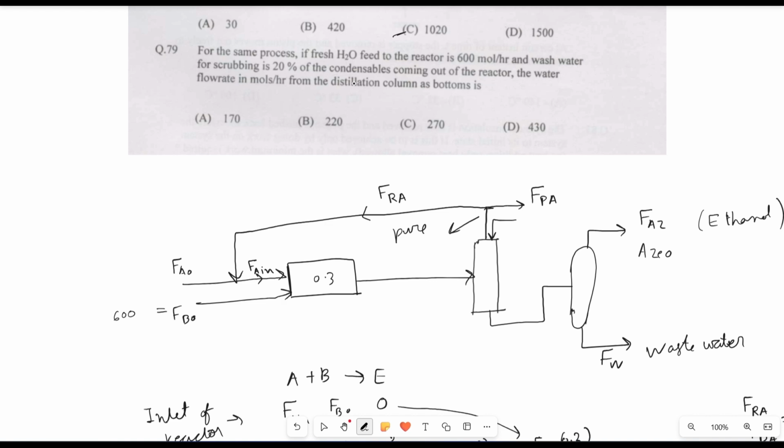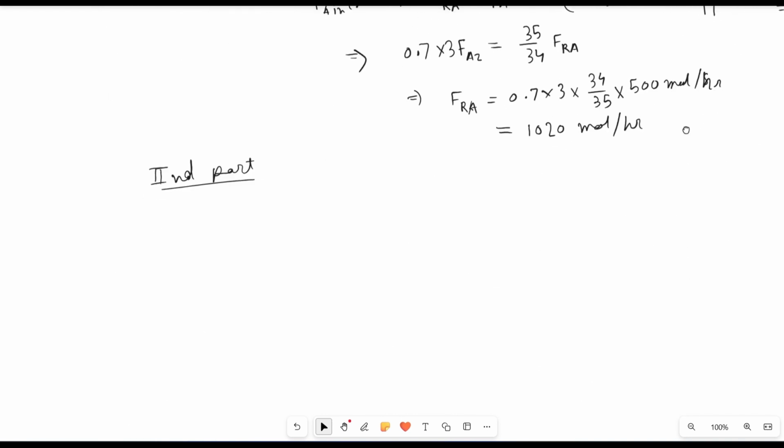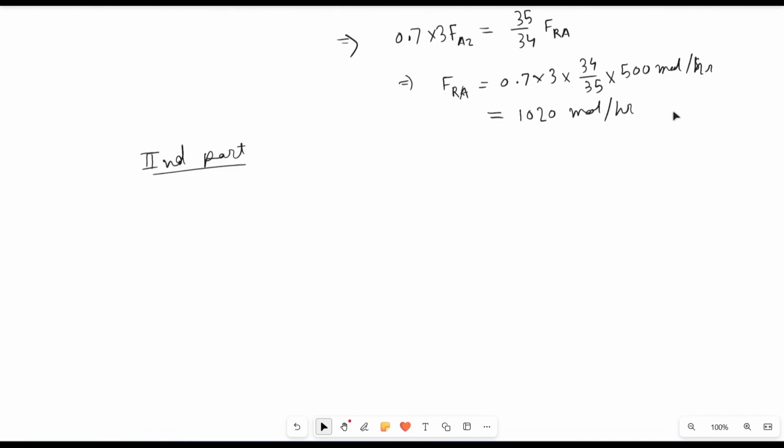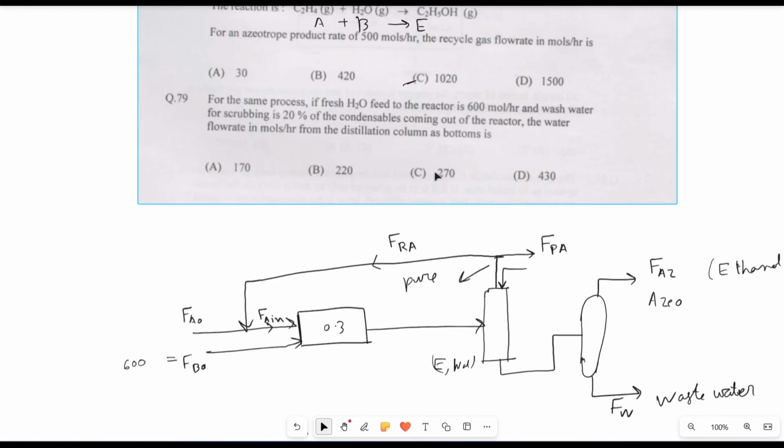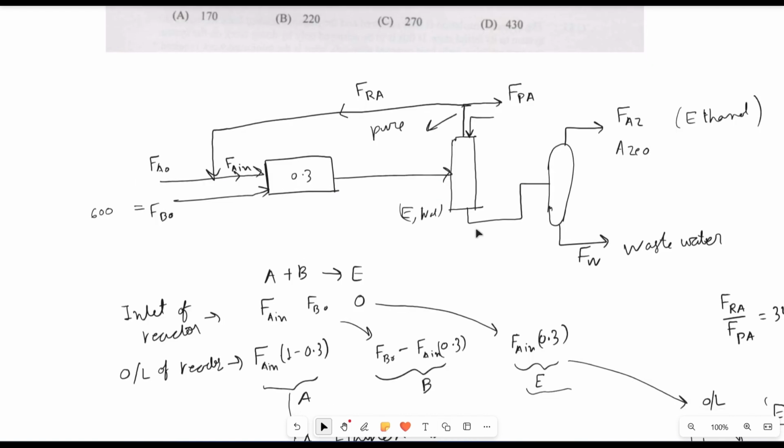The condensables are ethanol and water, and this is the 20%. Our question is to find the water flow rate at the bottom of the distillation column. So we have to do a water balance.